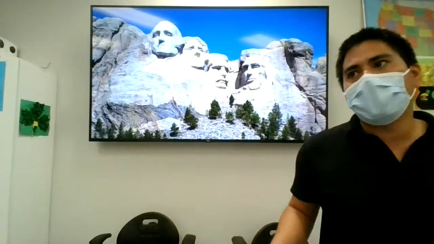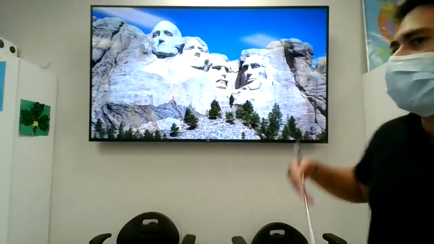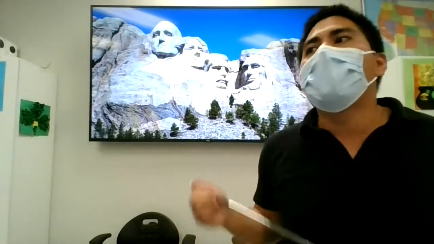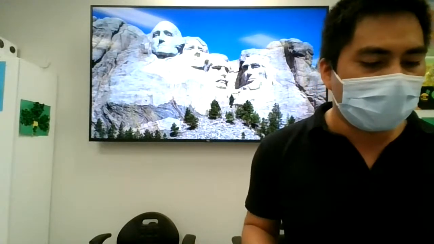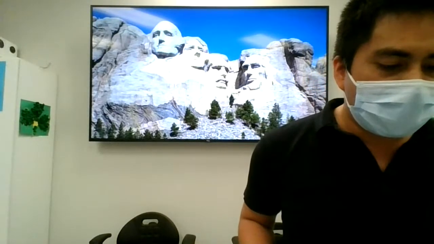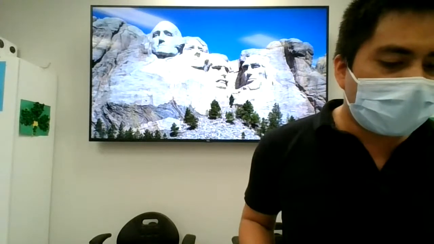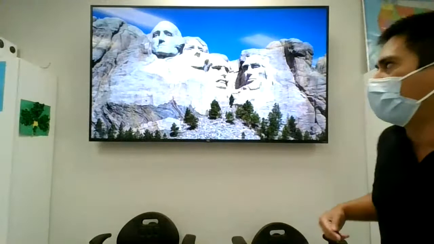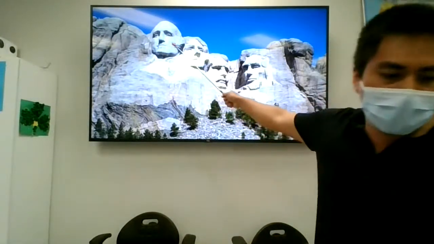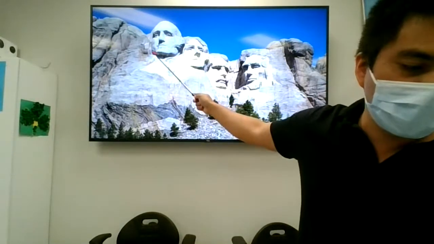One of the most famous landmarks in the United States of America, commemorating American presidents of the past. You're probably wondering, why these presidents in particular? Well, here's the interesting part about it. Basically, these 4 presidents represent certain aspects of American history. Okay, pay attention.